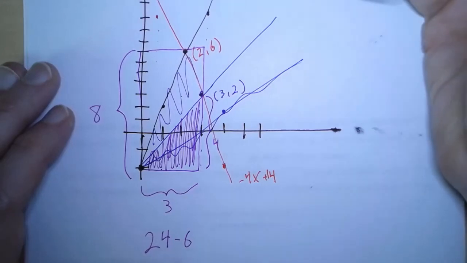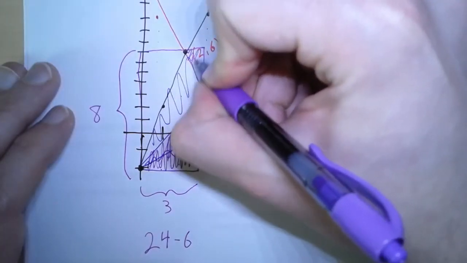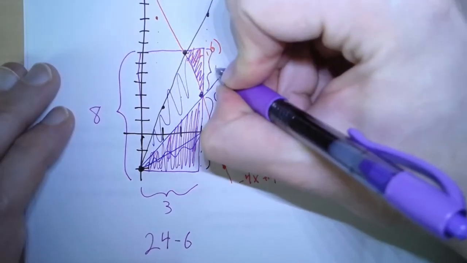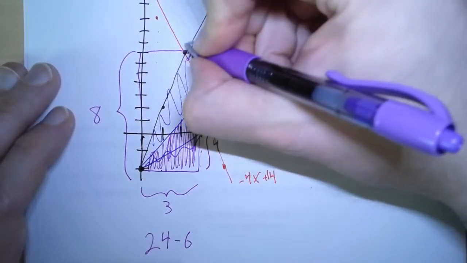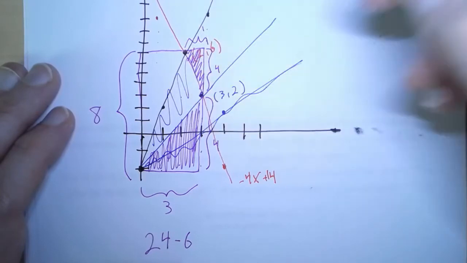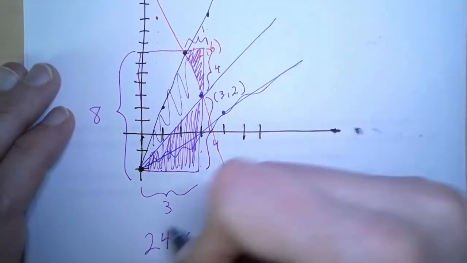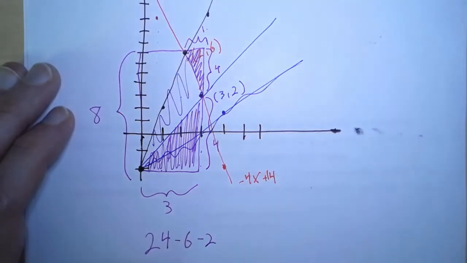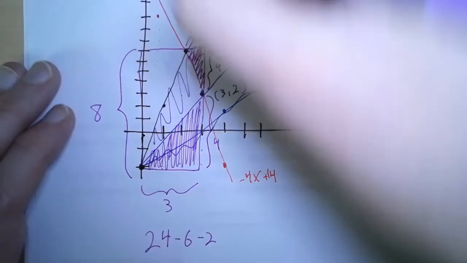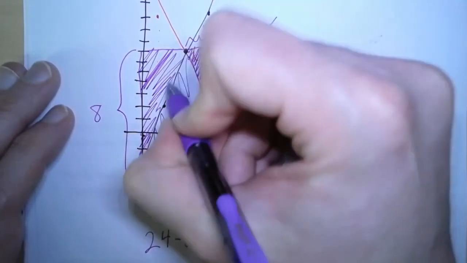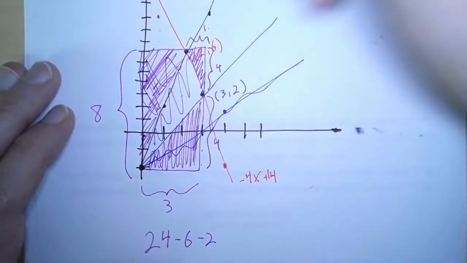And we do the same thing with the other two regions. This region right here has a height of 4 and a width of 1. So 1 times 4 is 4, times 1/2 is 2. So we subtract 2 away. Then we take this region, which is also a triangle, and find its area.